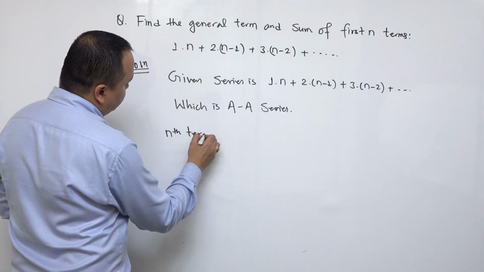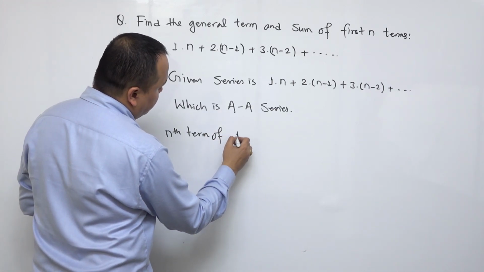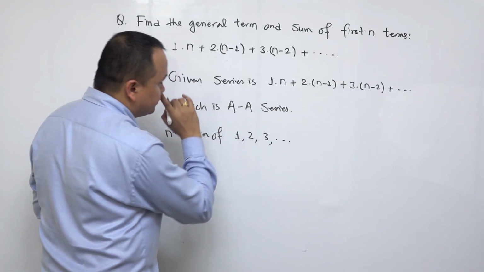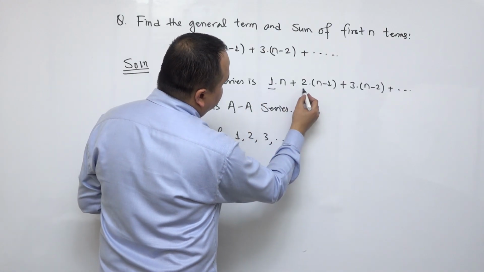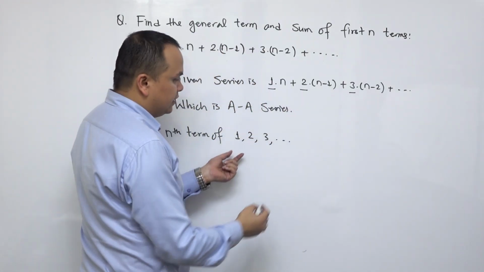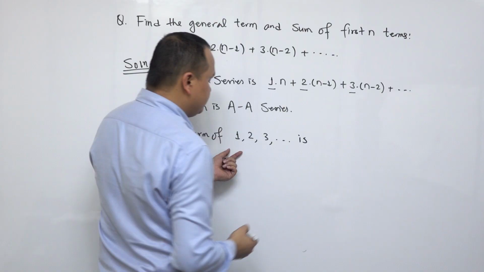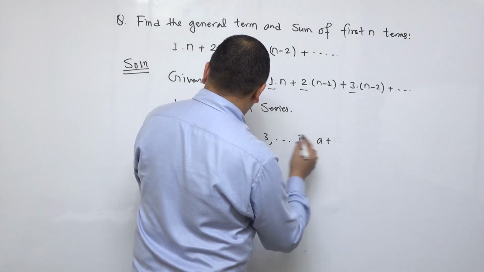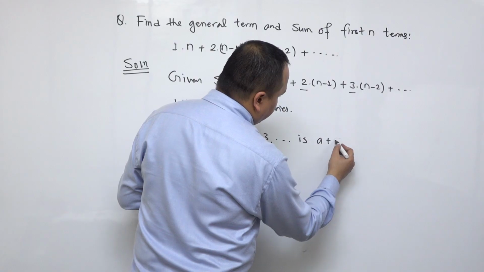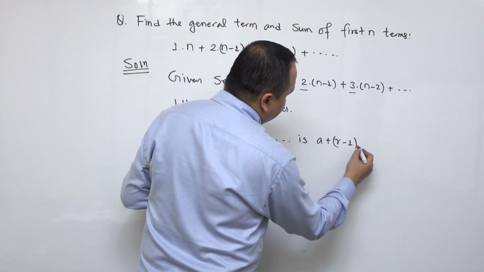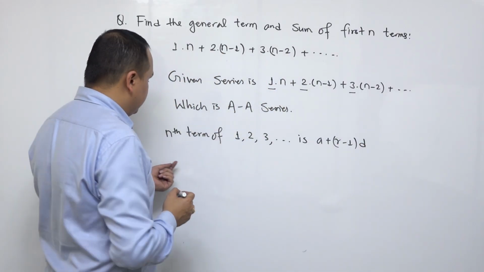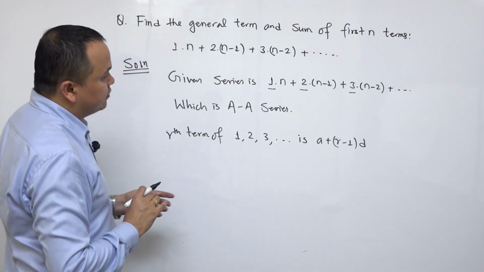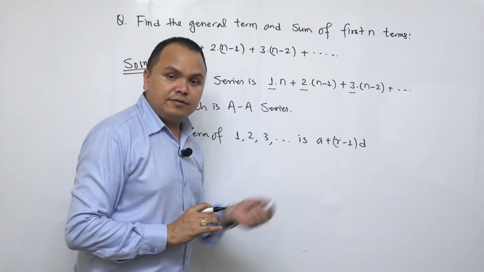Nth term of 1, 2, 3, dot dot dot. The rth term is A plus R minus 1 times D. Here we use r, because n is already used.